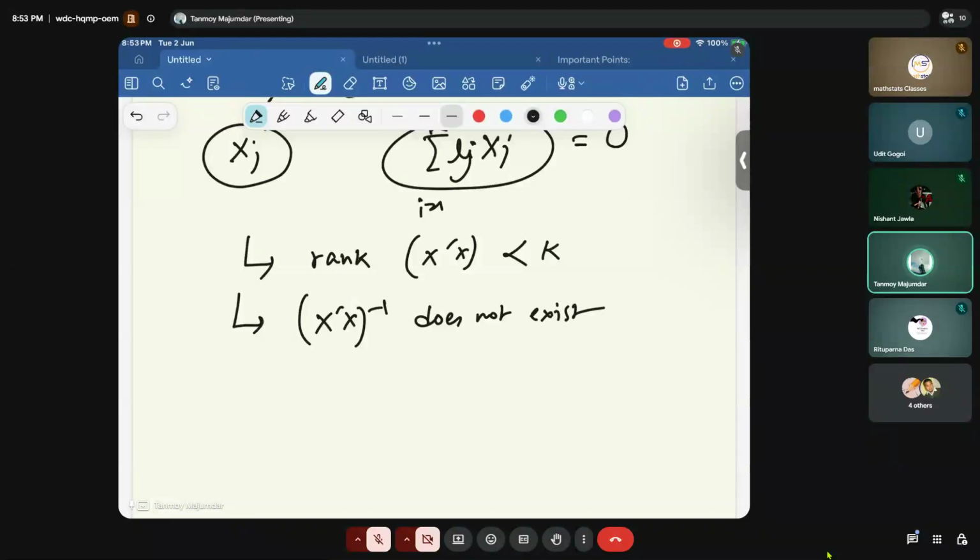If the determinant is 0, how can we calculate the inverse? So the inverse does not exist, and in that situation x dash x becomes ill conditioned.